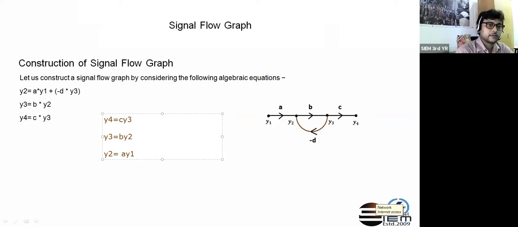So you can say plus, then in brackets minus d y3. Okay, so in this way you can put the value. Next, coming on to the next.